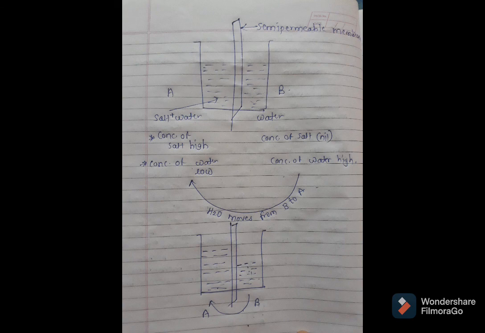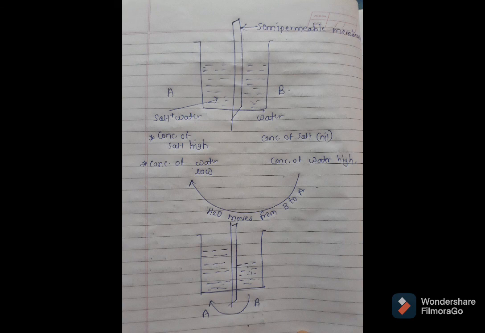So what do you think, how does the water flow, A to B or B to A? Yes, water molecules flow from B to A, because B is the region of higher concentration and A is the region of lower concentration.